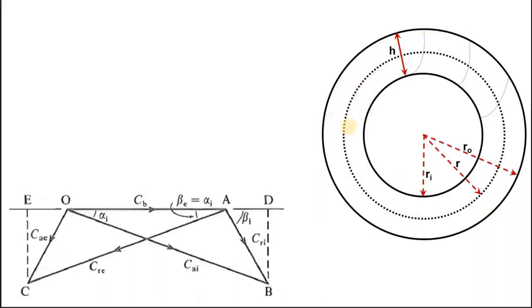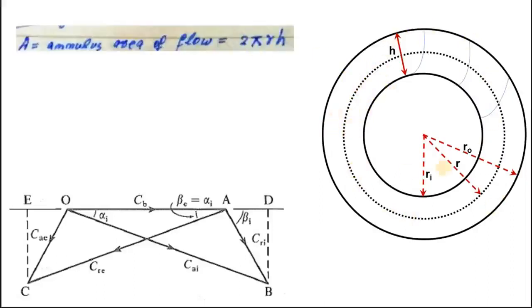Right. And this area is given by 2 pi R, the circumference with respect to mean radius, multiplied by the height of the blade, which is h. Right. We can also write the same area as pi into (Ro square minus Ri square). So this area and this area are exactly the same. Both represent the annular area of flow.